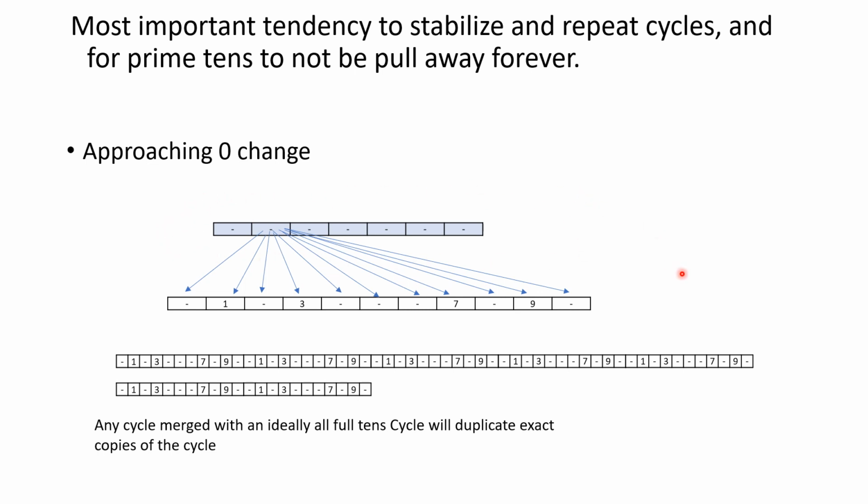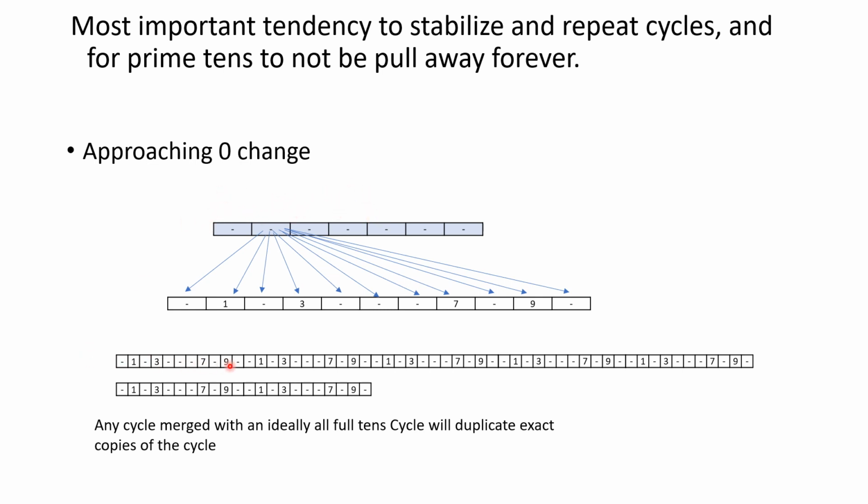And it combines with another cycle. For example, a cycle of a prime, like this one, or any other cycle, the cycle of 3 and 7, or all cycles. Because it has no numbers, this cycle is going to repeat as many times as tens has this ideal cycle.